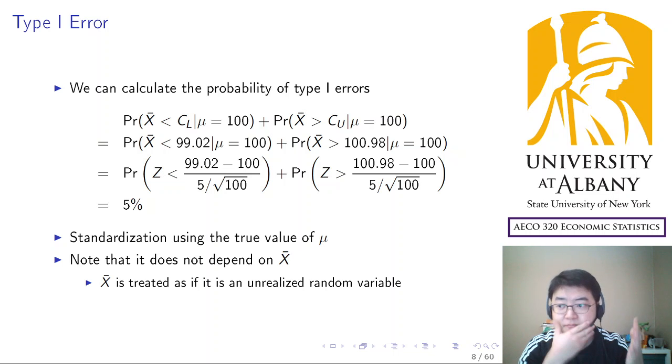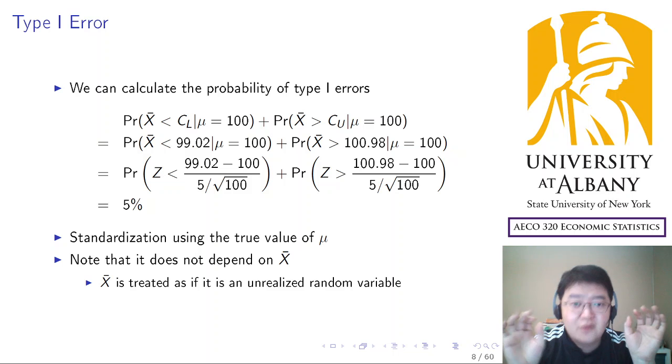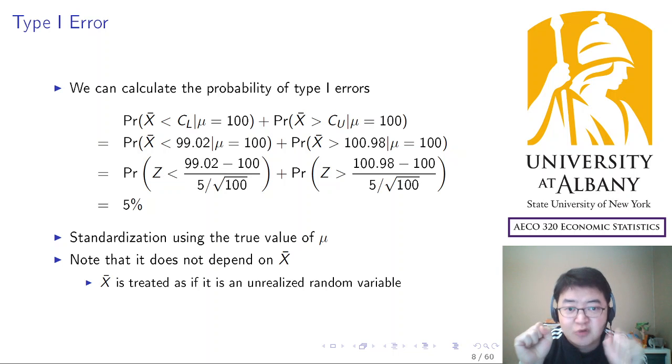But you may take a different interpretation. Anyhow, the significance level equals the probability of type 1 errors. You don't need to do any algebra to answer that.